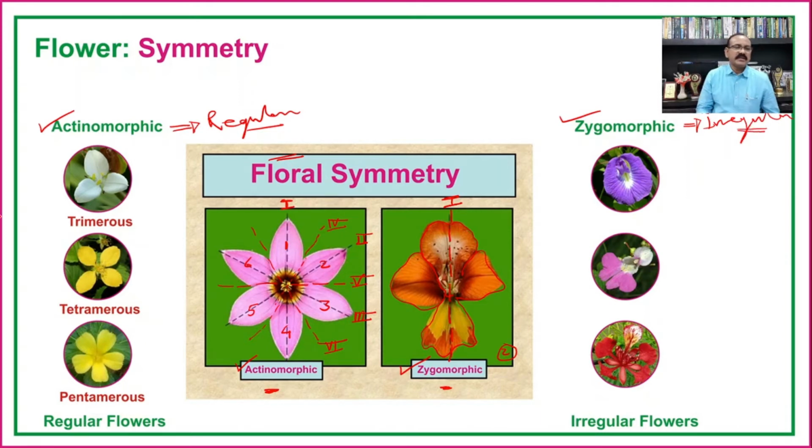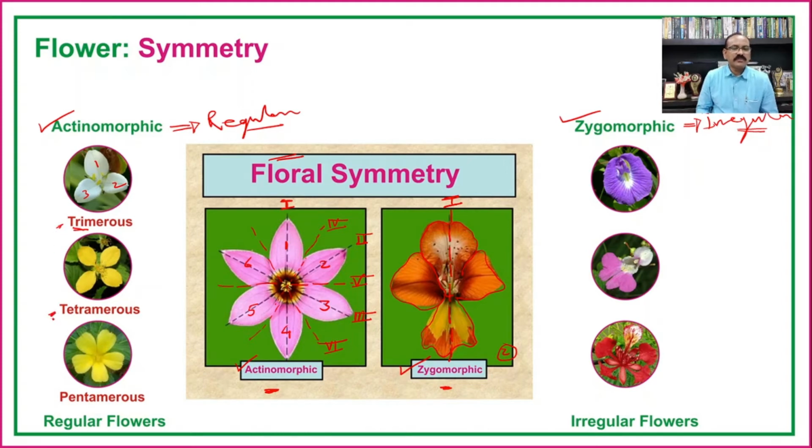So here are some examples. Here there is one petal, two petals and three petals, and such flowers are known as trimerous. This is again based upon the total number of individual members in each whorl. Here there are three petals, hence it is known as a trimerous flower.